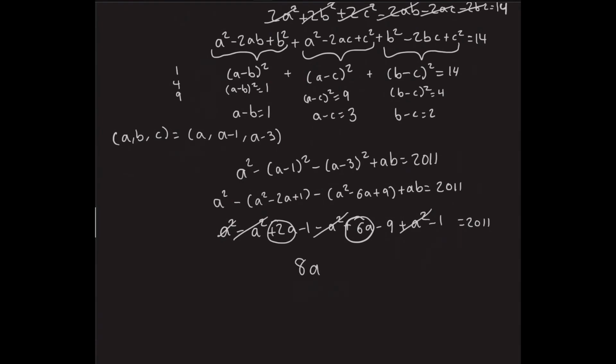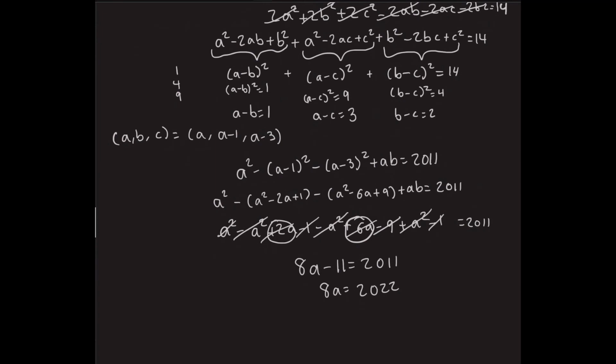So we're going to have 8a, and then minus 1, minus 9 is minus 10, minus 10 minus 1 is equal to minus 11. And so this is equal to 2011. And so adding 11 to both sides gives us 8a equals 2022.